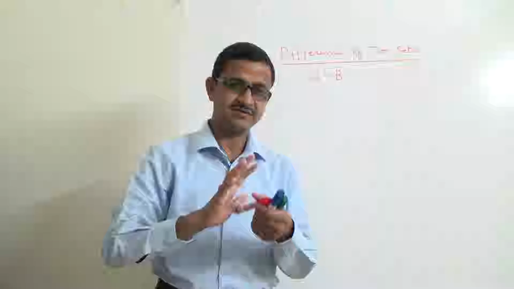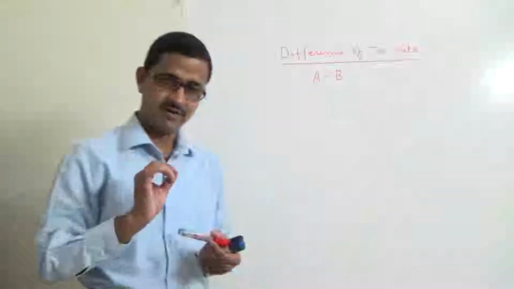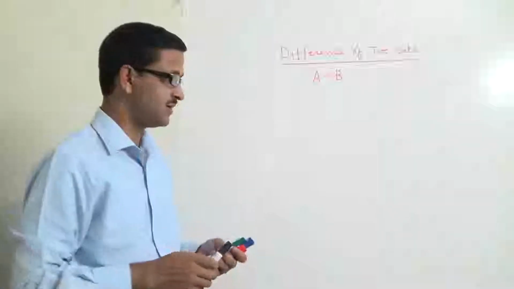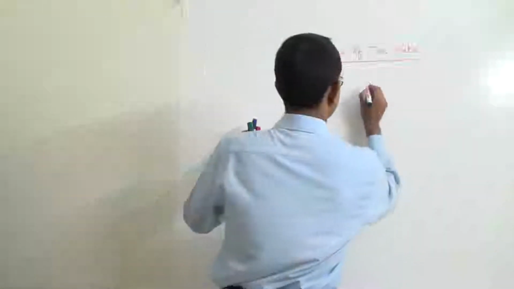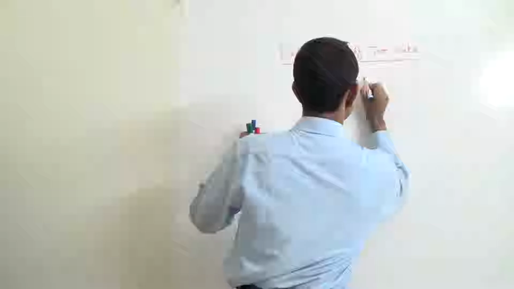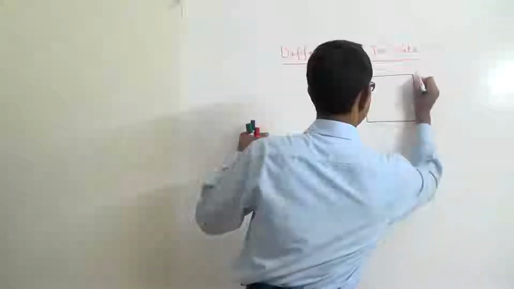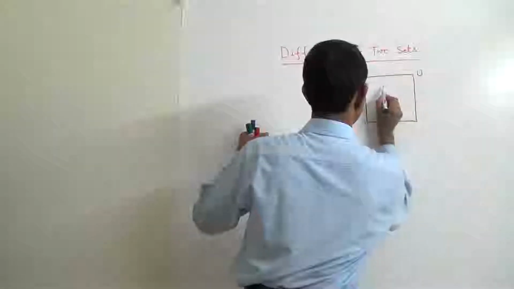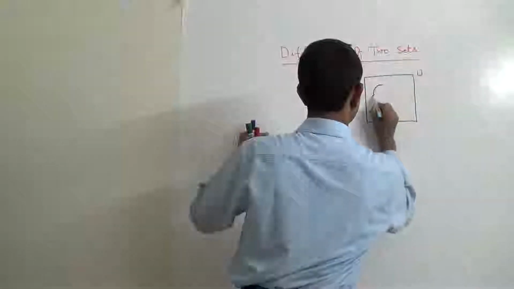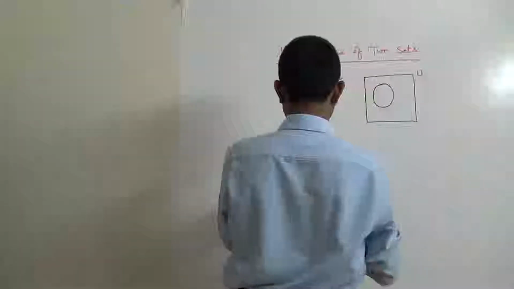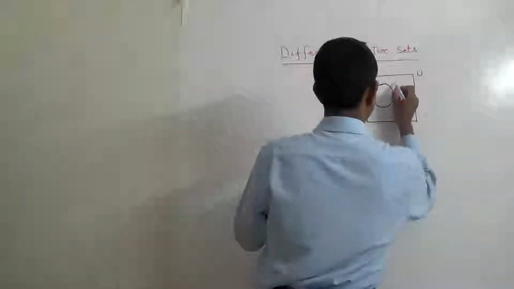Let's understand by means of a Venn diagram. The Venn diagram is a very important tool here. Suppose this is the universal set of these two sets A and B, and I have the set A here and the set B here.